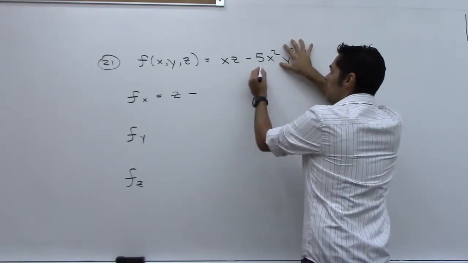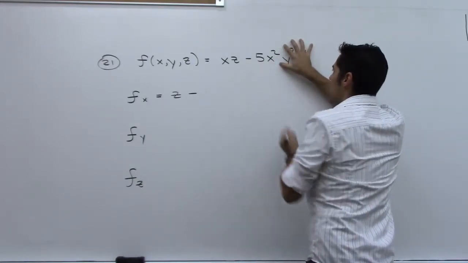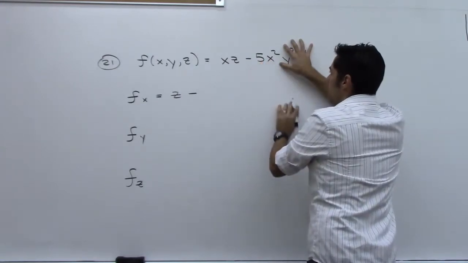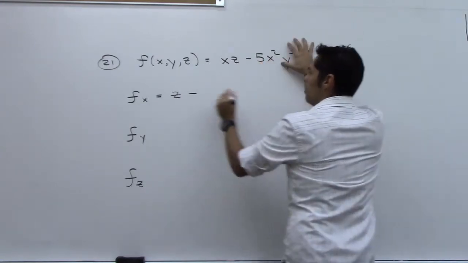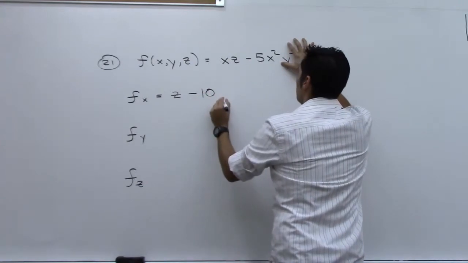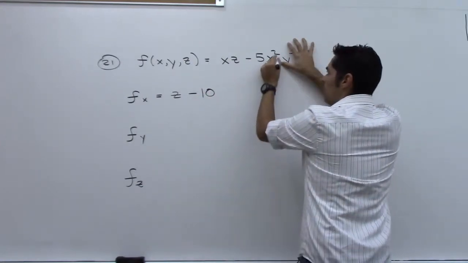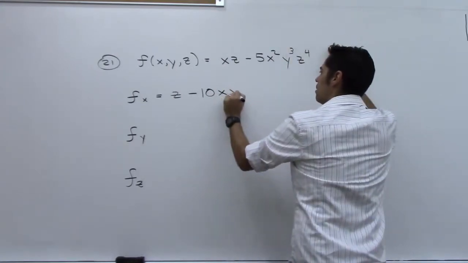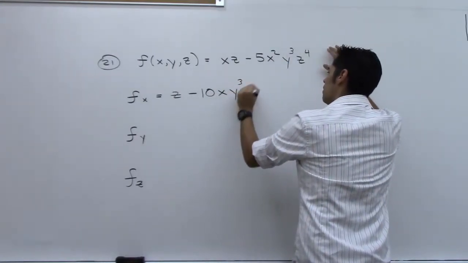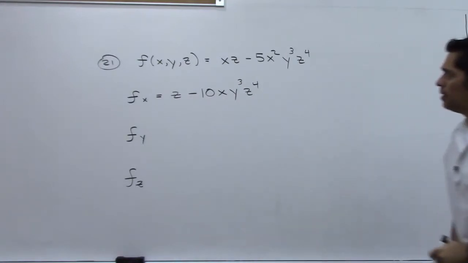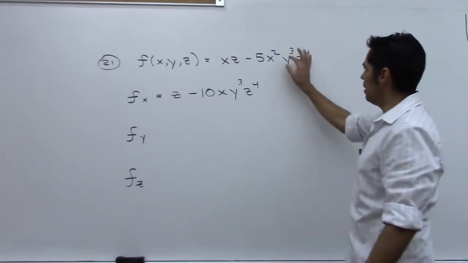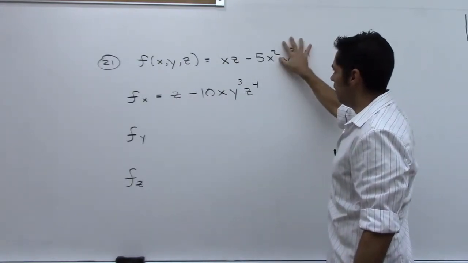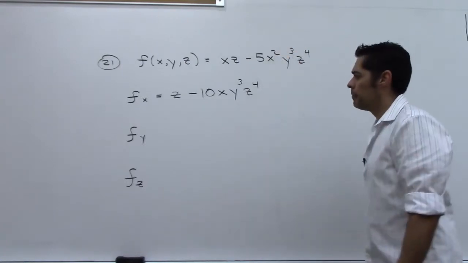Derivative of 5x squared is 10x, but it's also times that constant. So I'm going to put minus 10, and then x, because we brought out the 2, times y cubed, z to the 4th. And that's it. You don't do product rule or anything because these aren't variables. You just cover them up and do your derivative here.